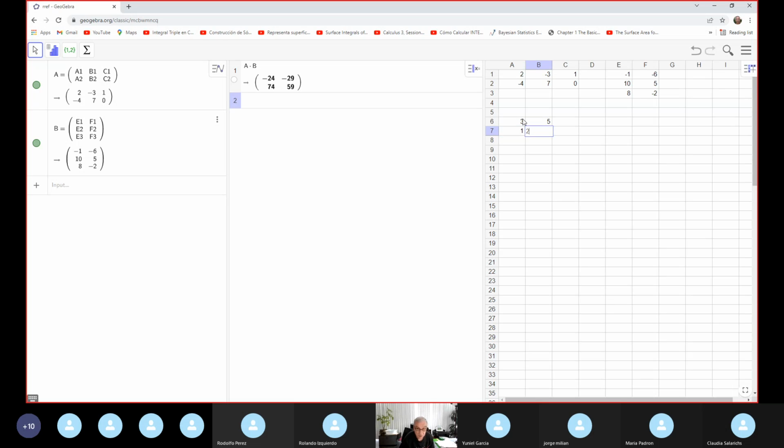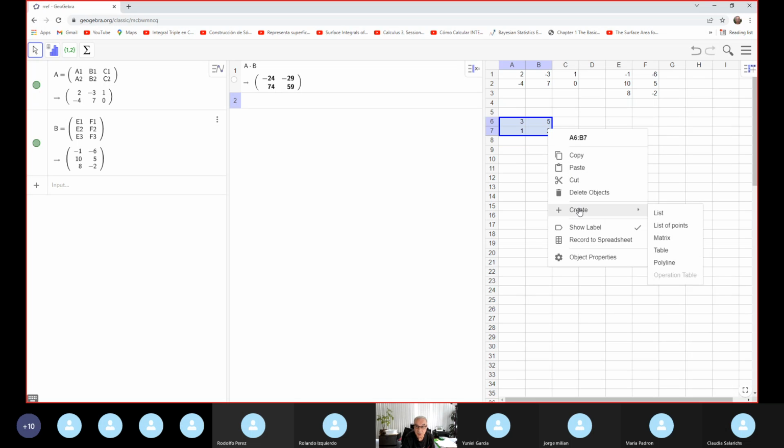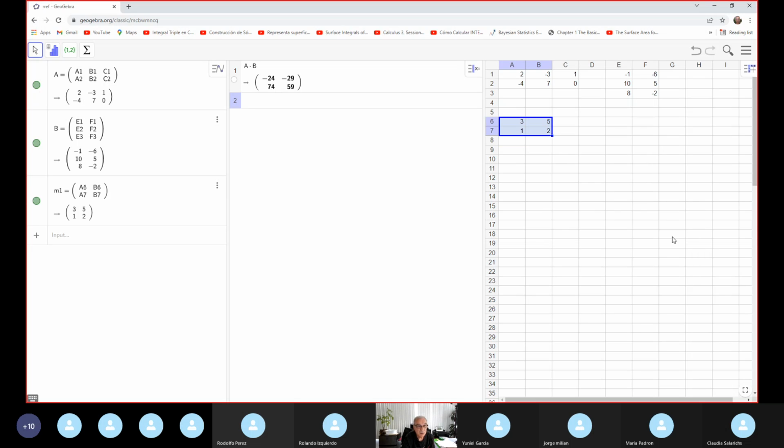This is my original matrix. I select it and create matrix. Boom. If you want to rename, or no, this is not important. I copy from my piece of paper. This is M1. M1 is the original.